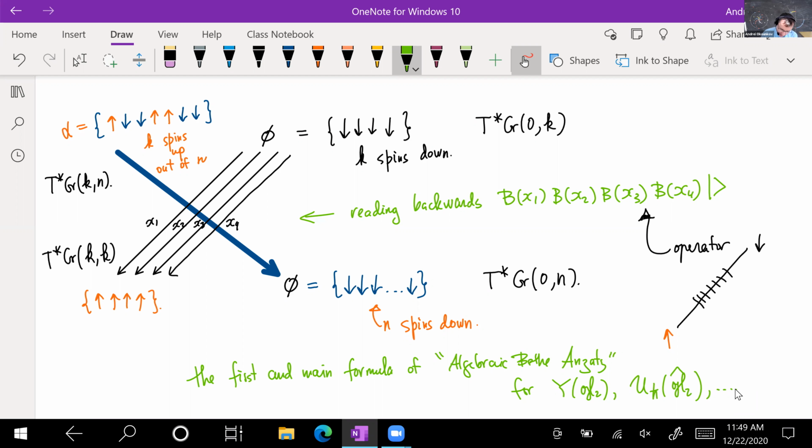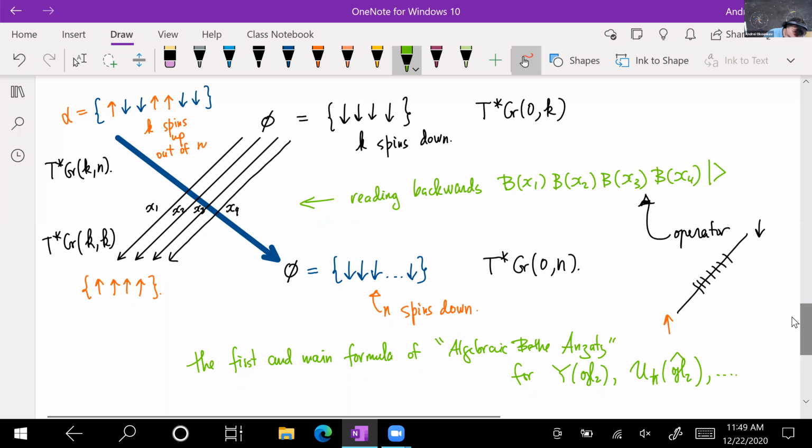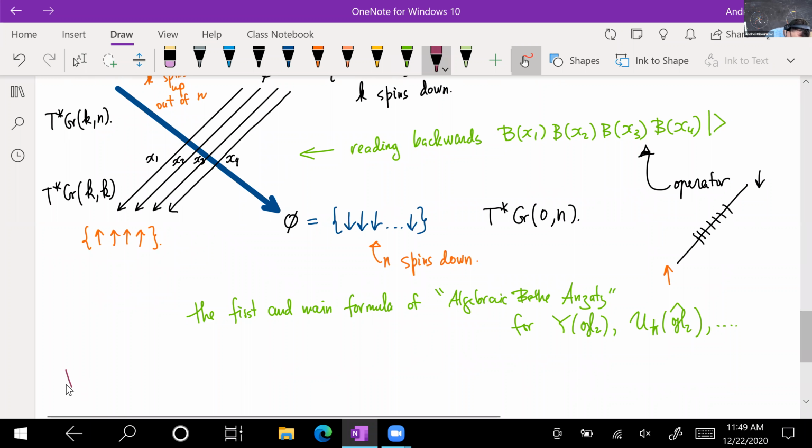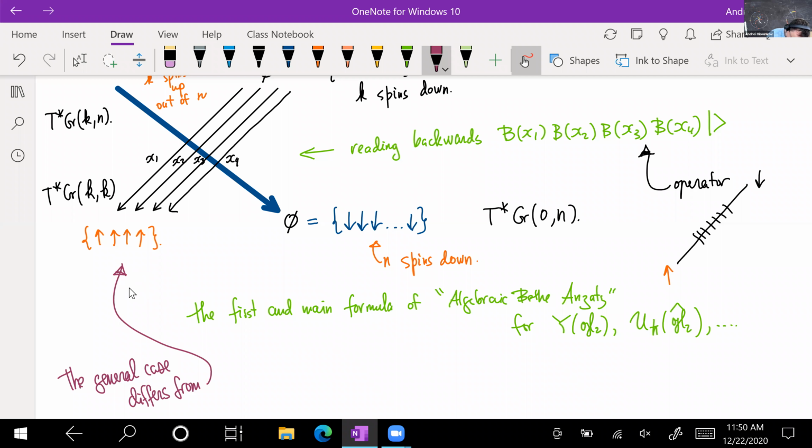And then the general case. In the general case, the main difference from this one is that I stick in a kind of very special point.